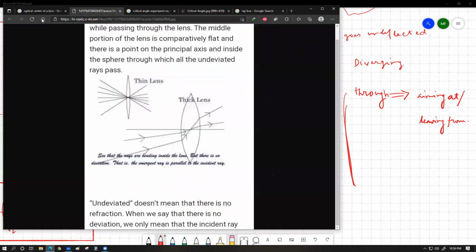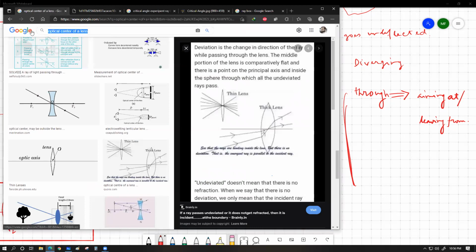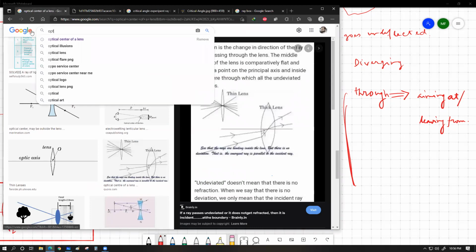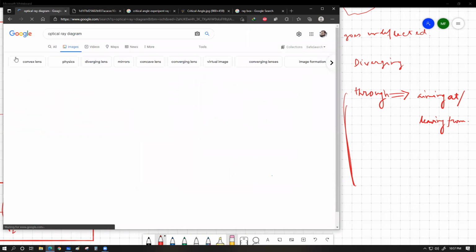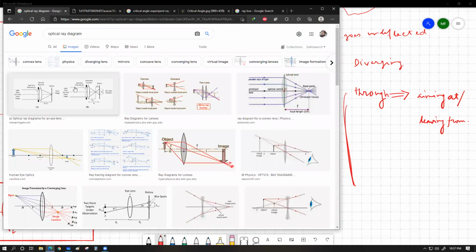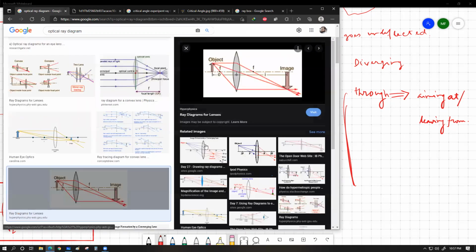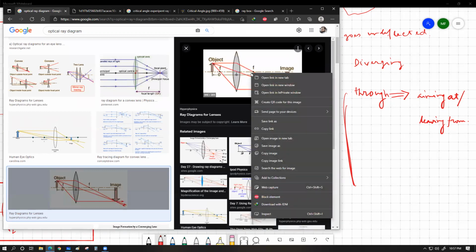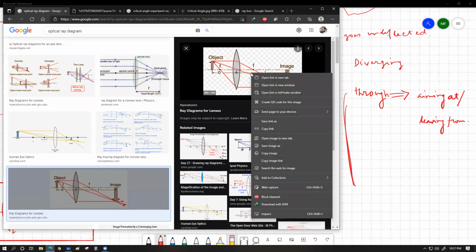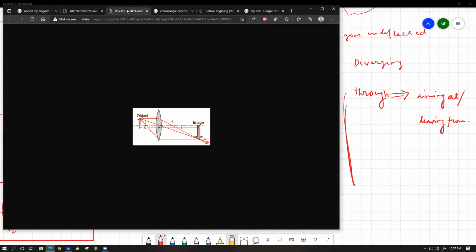Let me just pick up some images from here. This is actually one of the nice figures. I can open the image in a new tab and zoom in.